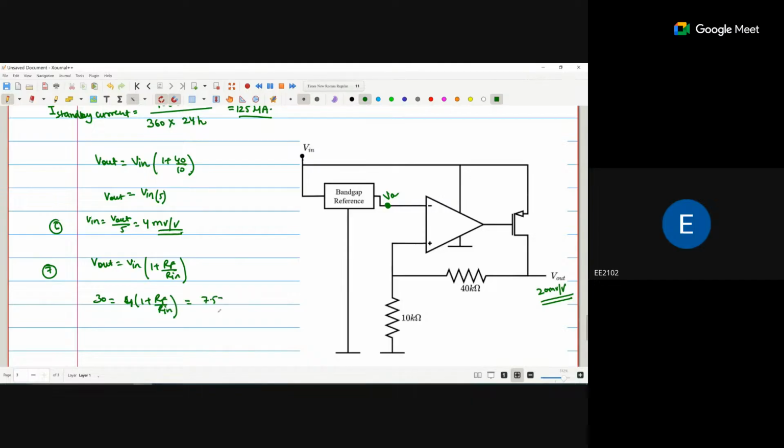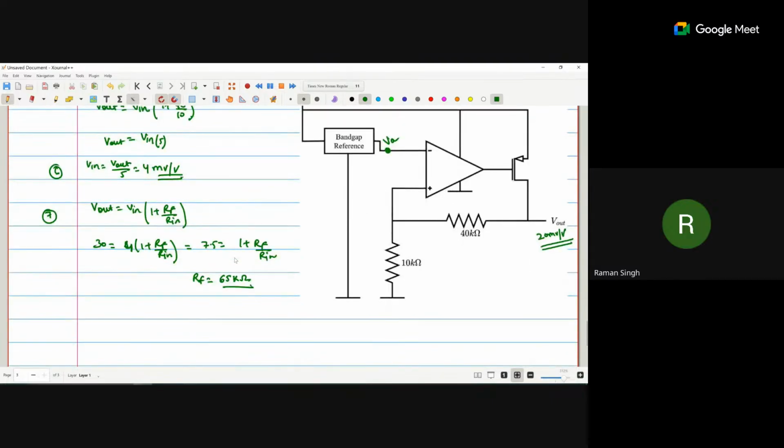So 7.5 is equal to 1 plus RF by RA. Okay, so RF is equal to 65 kilo ohm. Yes, sir, that's what I'm getting. In total it is different. The change in RF is 25 kilo ohm.